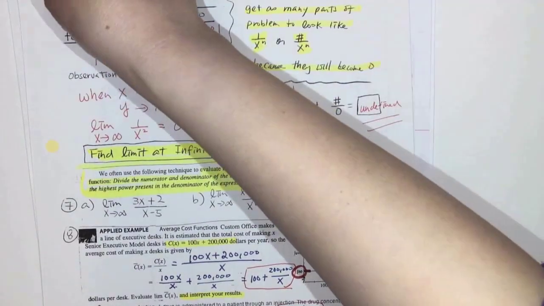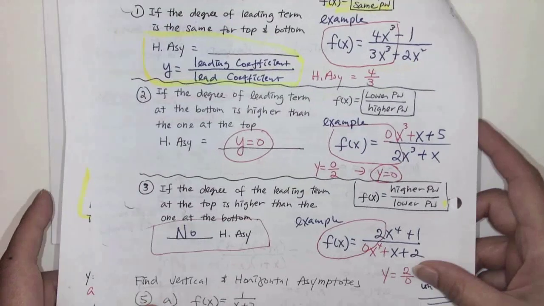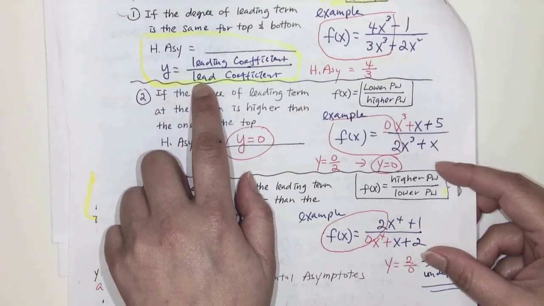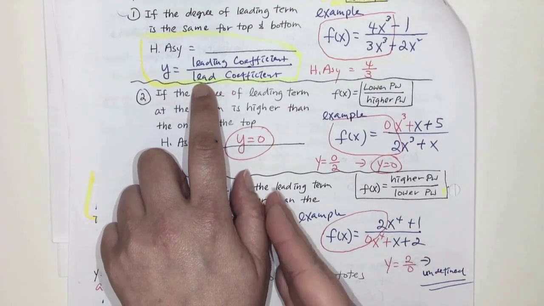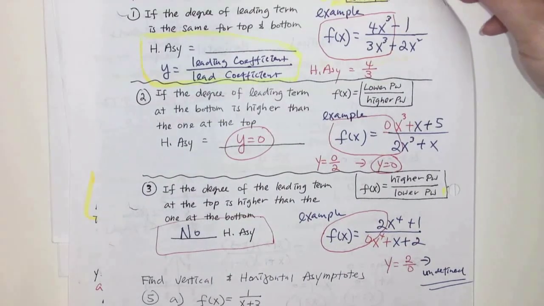And a lot of times the horizontal asymptote, which is setting y equal to the leading coefficient on top over the leading coefficient at the bottom, helps you find the limit as x approaches infinity or negative infinity, where the y value settles.